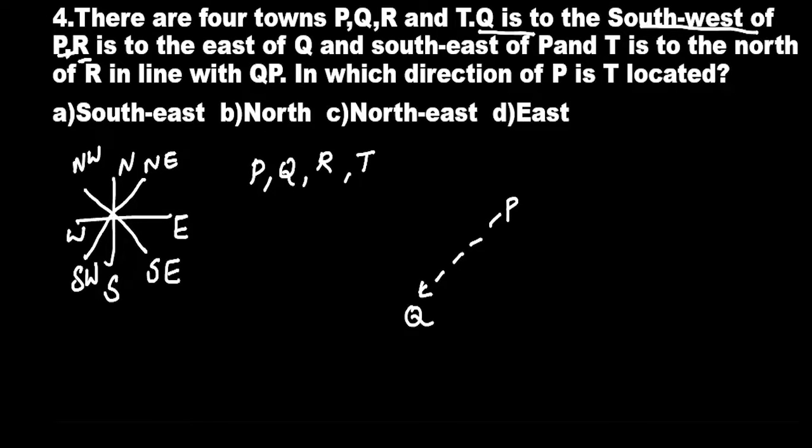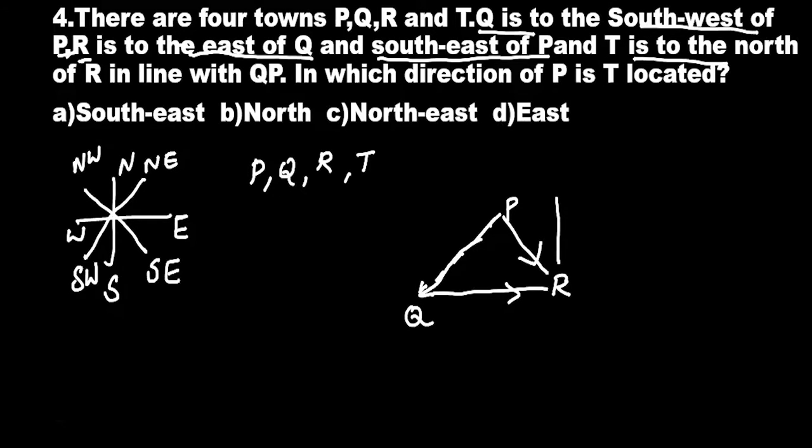R is to the east of Q, and southeast of P. T is to the north of R, in line with QP.